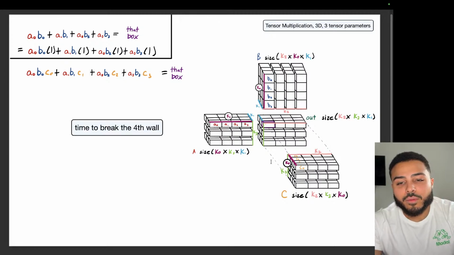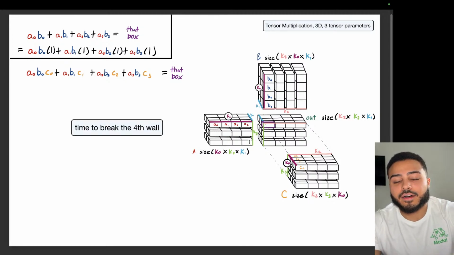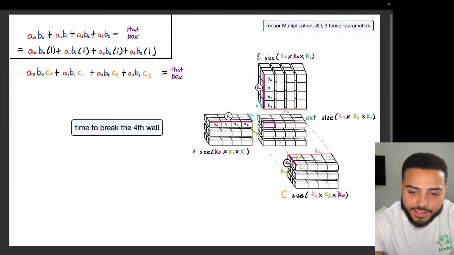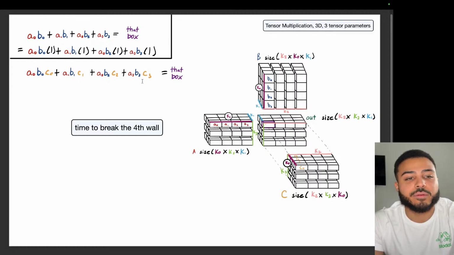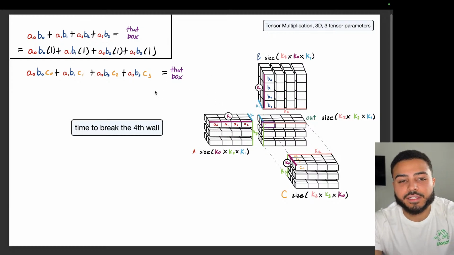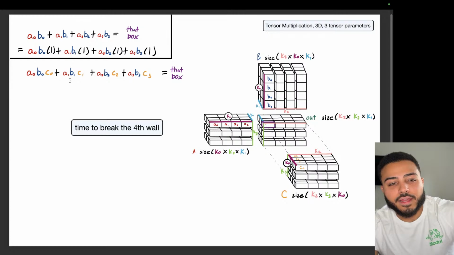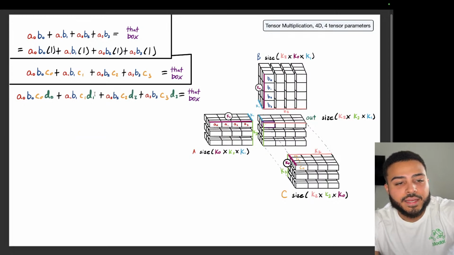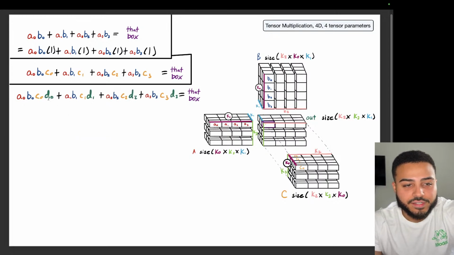So the way we stepped up the difficulty last time was we drew first. First we drew the C tensor, then we looked at the equation for one of these. Let's instead start on the math side for a sec, to take a step up. And let's say, what if we added another value, right?